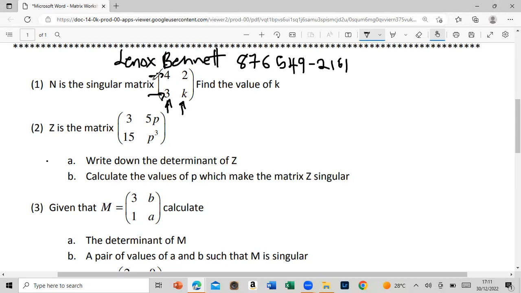Now, a singular matrix is when the determinant is equal to 0. But what is the determinant?